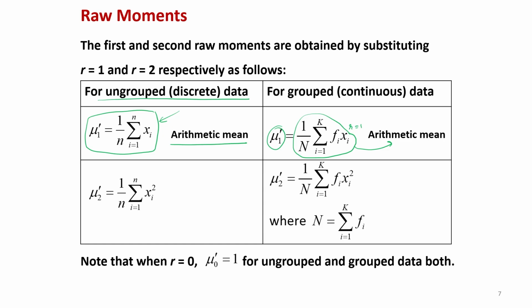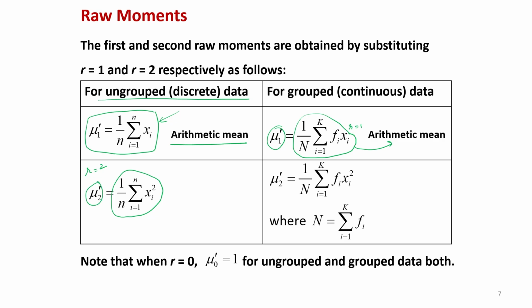Now, similarly, if you substitute r equal to 2, then in the case of ungrouped data, you get a quantity like the arithmetic mean of the squared values of xi's, which is 1 upon n, summation i goes from 1 to n, xi squared, and this is denoted as mu 2 prime.